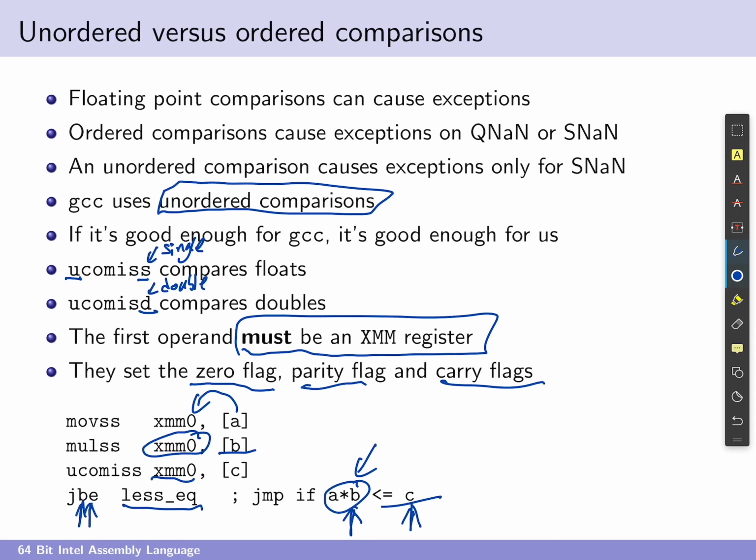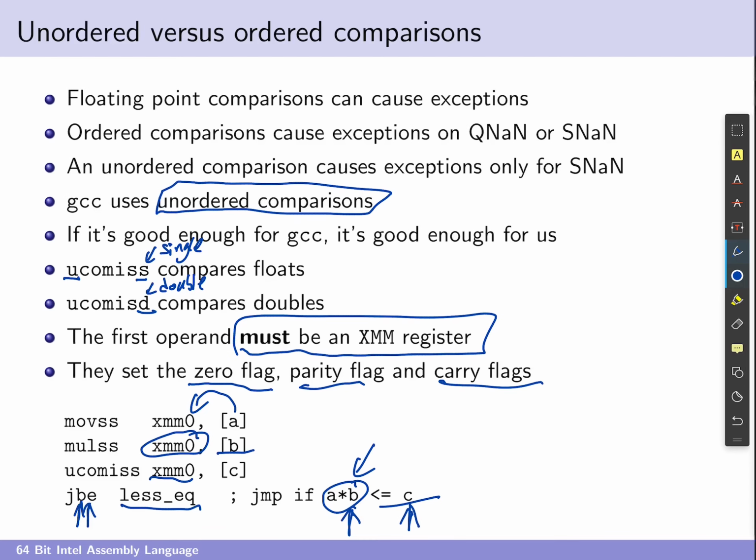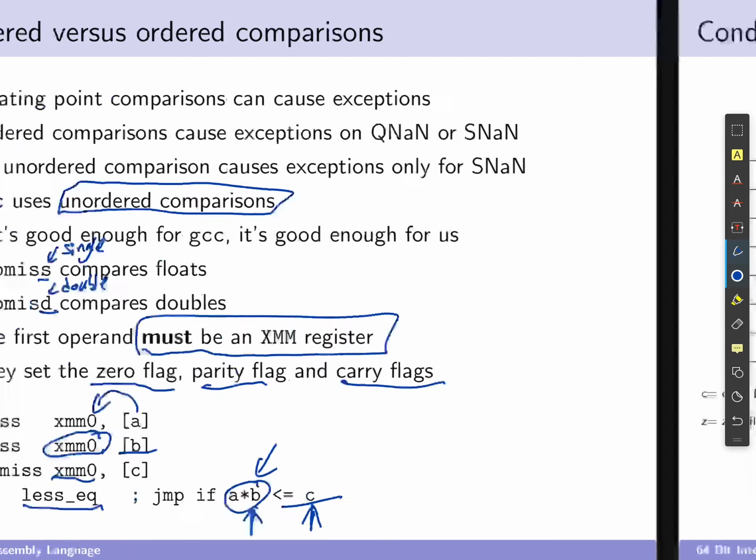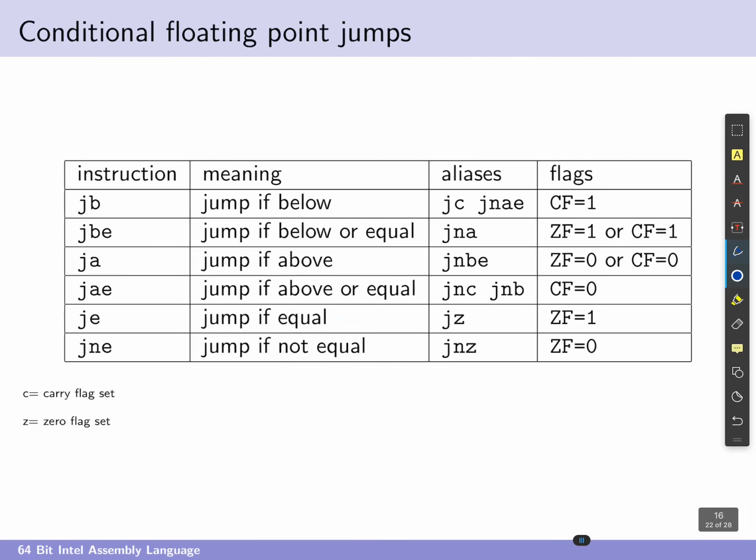Now, remember before with integer-based comparisons, we had that table of all the kinds of jumps that we can encounter. The same situation exists with regards to floating point operations. So the type of jump you use is not the same. If you're performing a floating point comparison, you need to use a jump that relies on the corresponding floating point flags. So you'll see here, we have the more common mnemonics. We have JB for jump if below. So basically we have two operands.